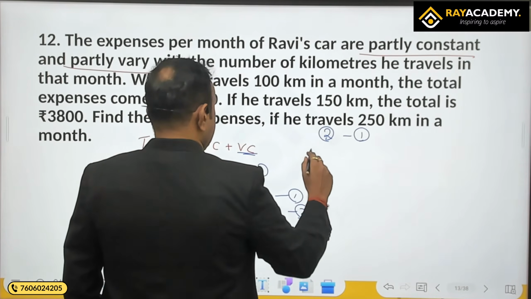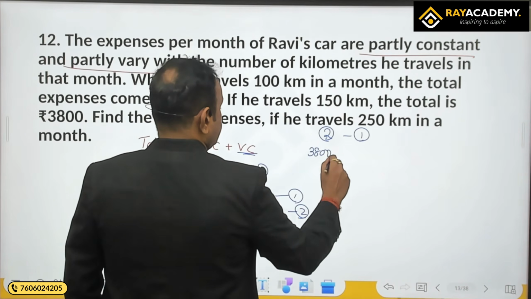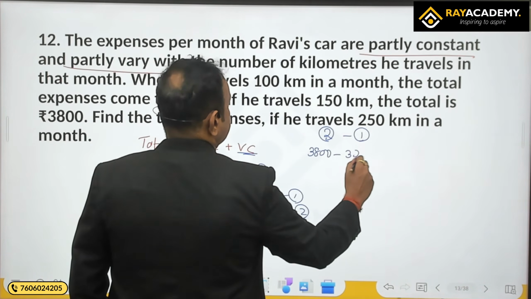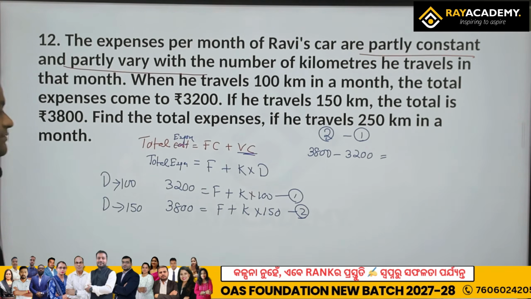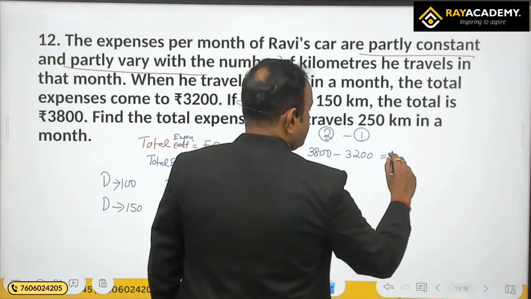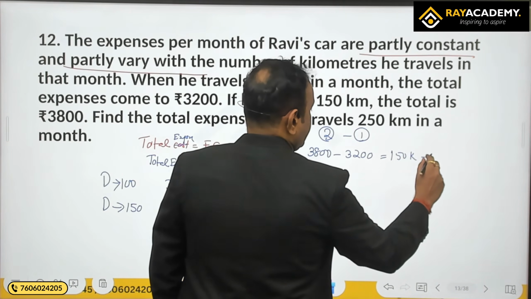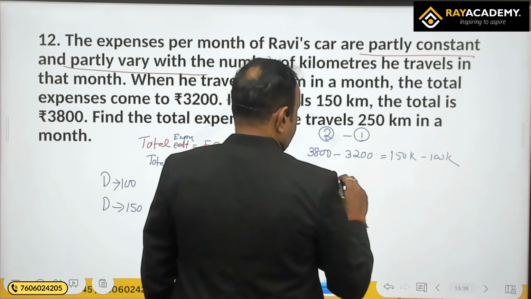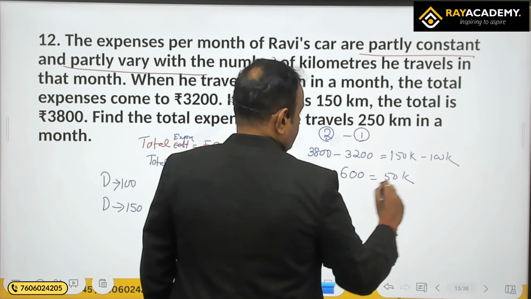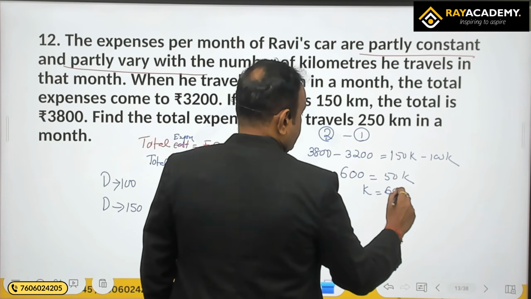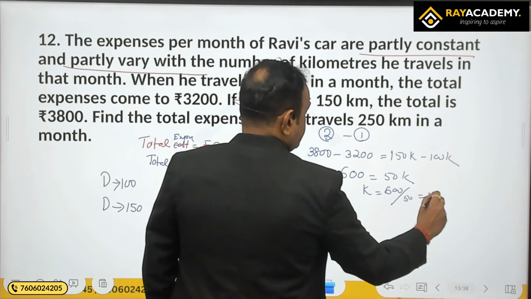On the left-hand side 3800 minus 3200, on the right-hand side f gets cancelled. So you will get 150k minus 100k. So 600 equals 50k. So k is 600 by 50, that is 12.